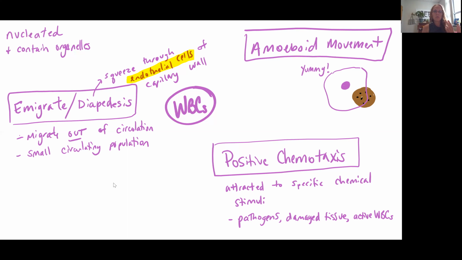And then they can move in the direction of a chemical stimulus, and we refer to that as positive chemotaxis. Positive chemotaxis means you're moving in the direction of, instead of away from, a chemical signal. Chemotaxis just means it's a chemical stimulus that's causing the movement. Taxis, like taxi, is just talking about movement.